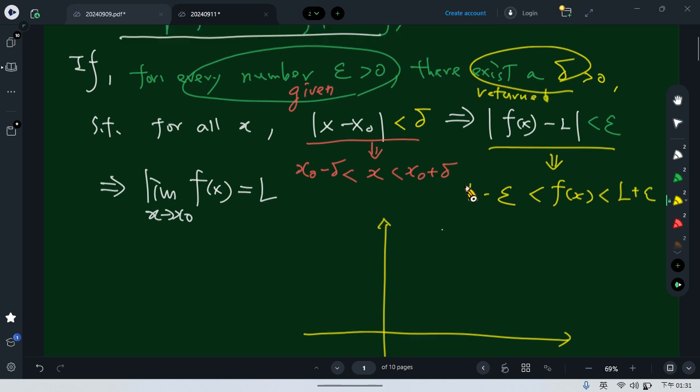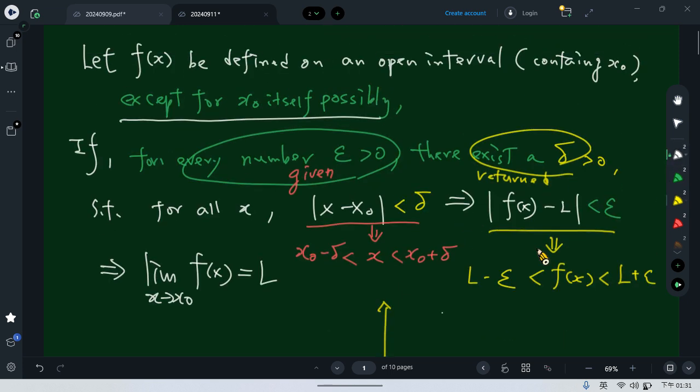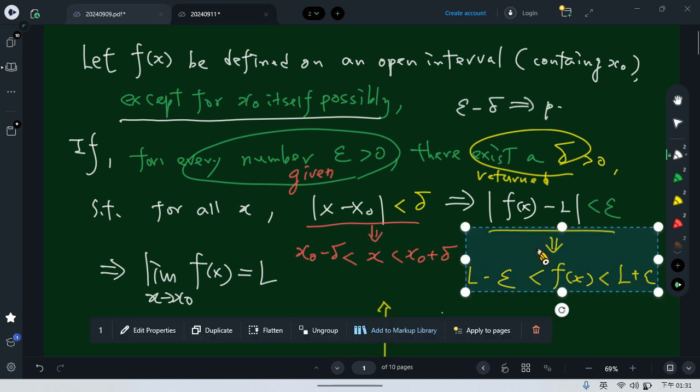So you can regard epsilon and delta as a pair. When I give you an epsilon, for example 1, then I will return a delta like 0.5. If I give you epsilon 0.5, then I will return delta 0.2. Something like that is a corresponding relationship.